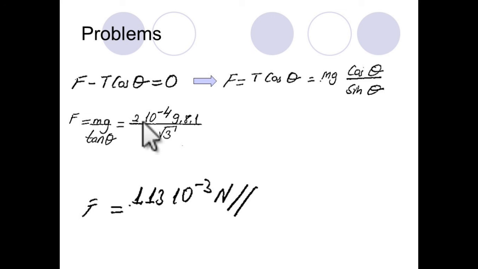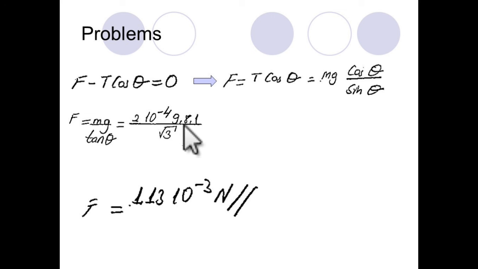Now the mass of the object in kilograms, we use SI units, therefore we use kilogram for the mass, meter for the length, and second for the time, always. So the mass of the object is 2 multiplied by 10 to the power minus 4 kilograms.